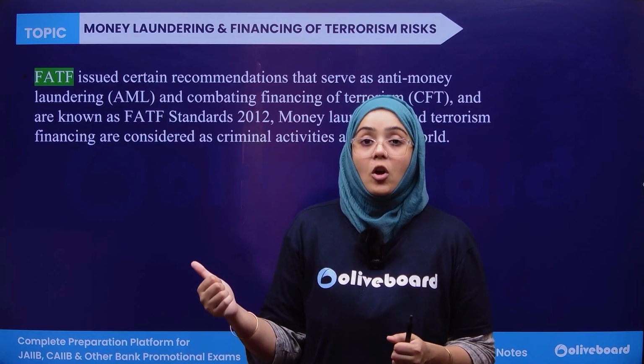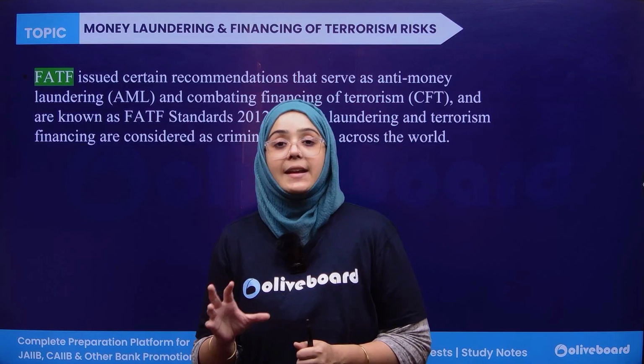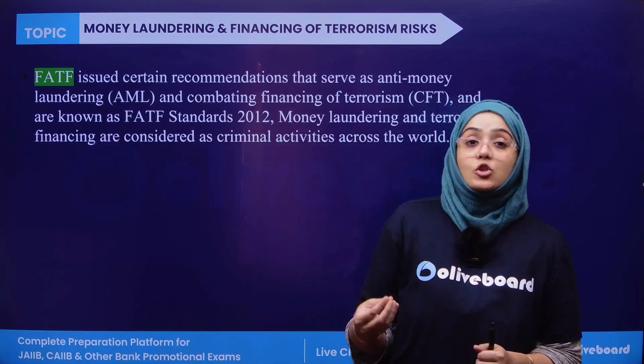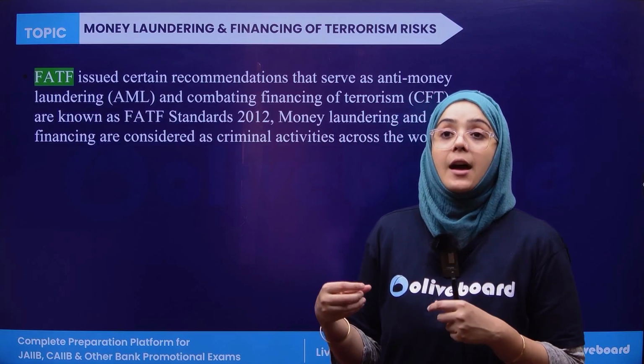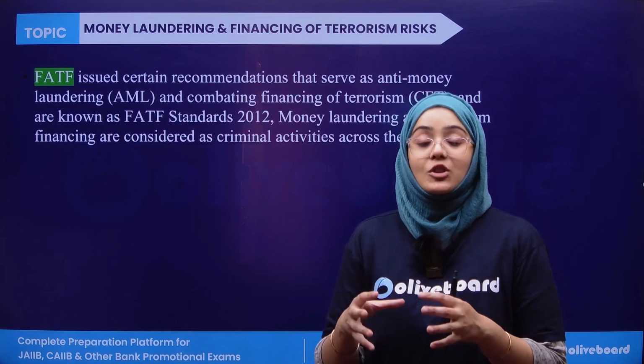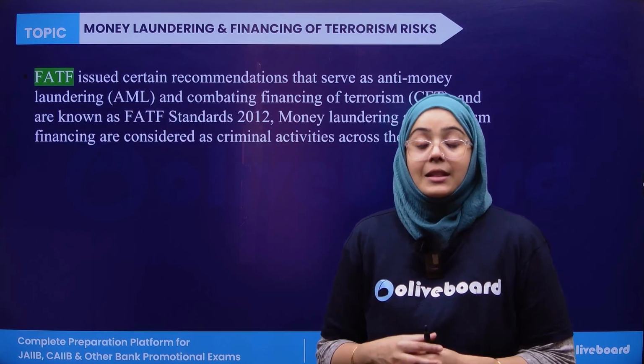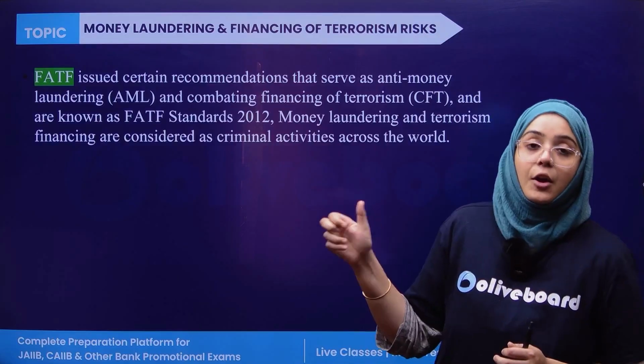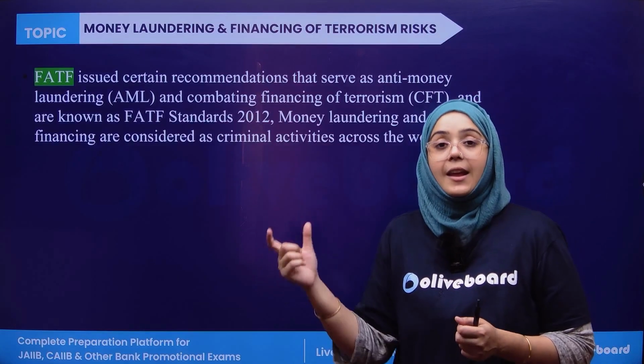So, for the prevention of money laundering or terrorist financing activity, the Financial Action Task Force helps the countries and promotes prevention. They issue two types of lists, a gray list and a blacklist.